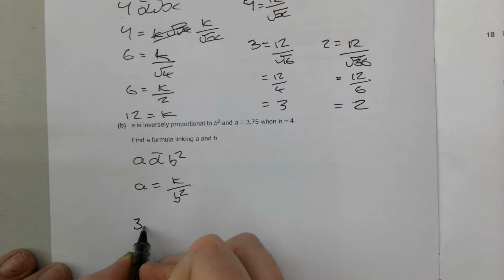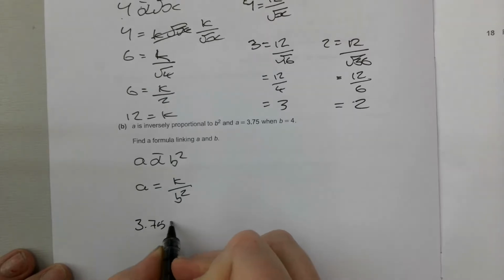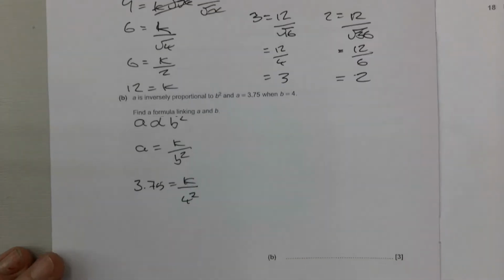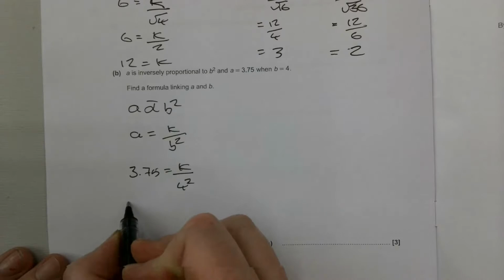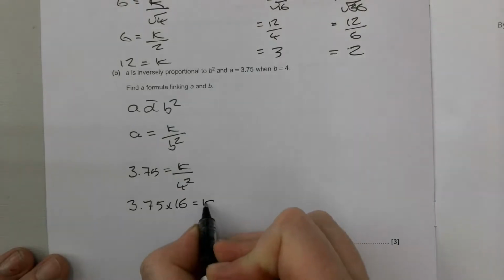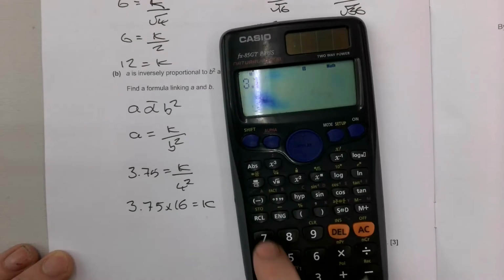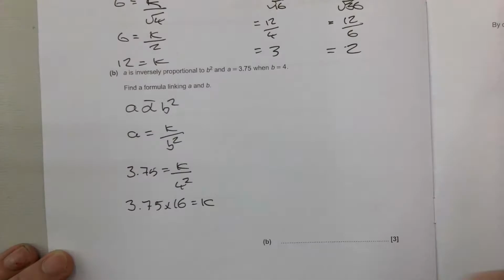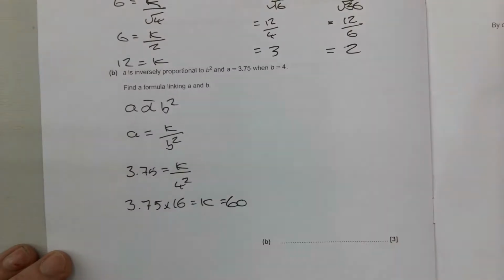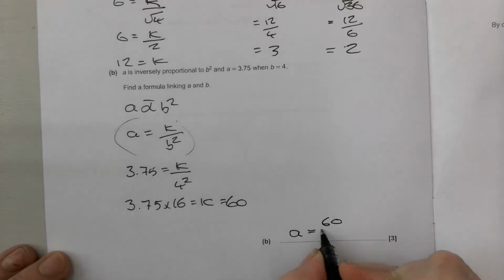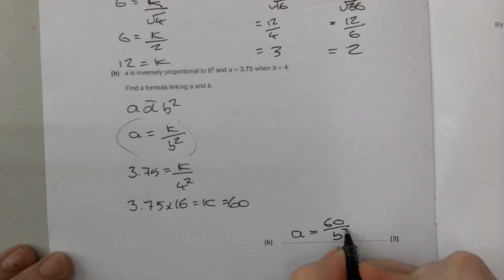Substitute our values in. 3.75 equals k over 4 squared. 4 squared is obviously 16, so 3.75 times 16 is going to be k. k is 60. So that means that our formula is going to be this, but with k substituted for 60. A equals 60 over b squared.